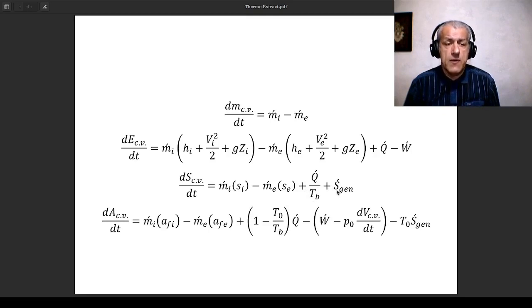This is the second law of thermodynamics for the process.